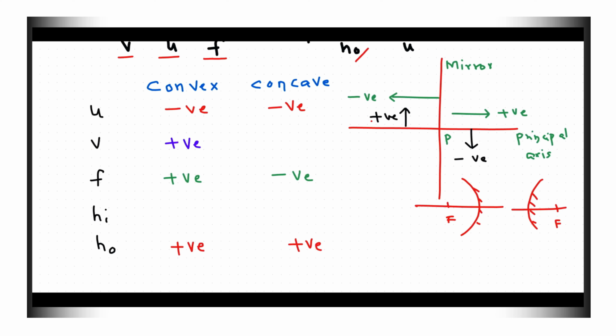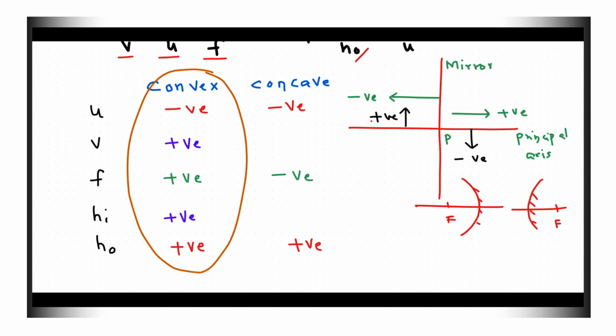And HI can be only positive, because in a convex mirror you will not get a real image. All virtual images are always erect. So always remember, children, if it is convex, it is very easy. Out of the 5, all 4 are positive except U.